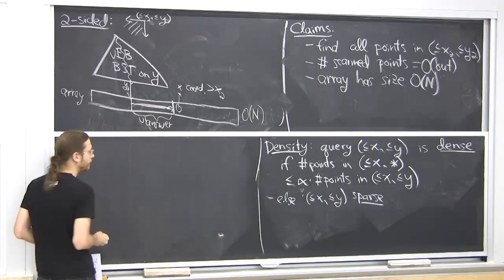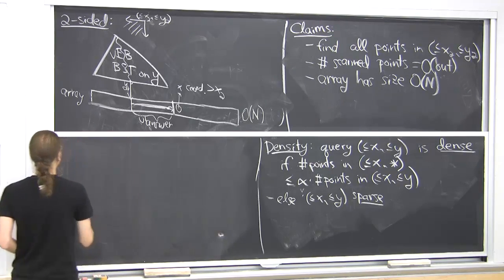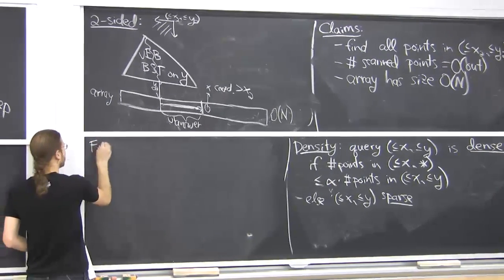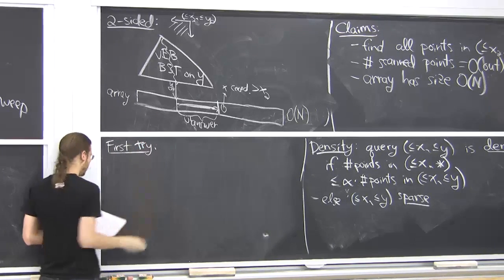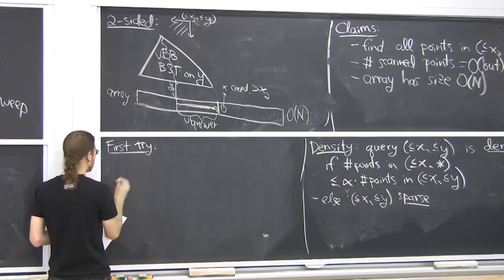Okay, so we're going to actually try to solve this problem twice. The first try isn't going to be quite successful, but it gets a lot of the right ideas.